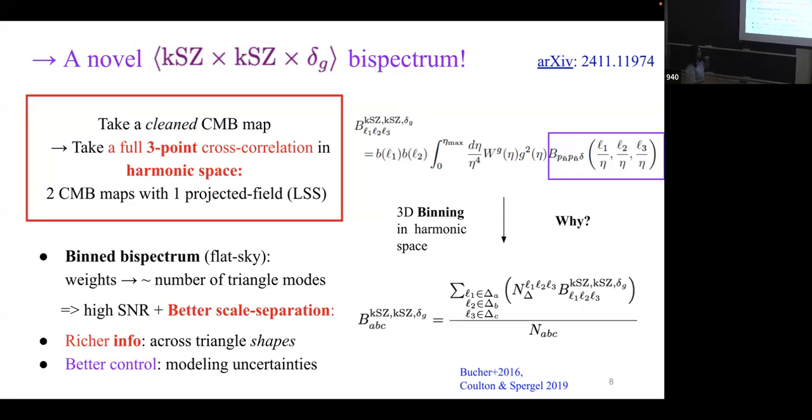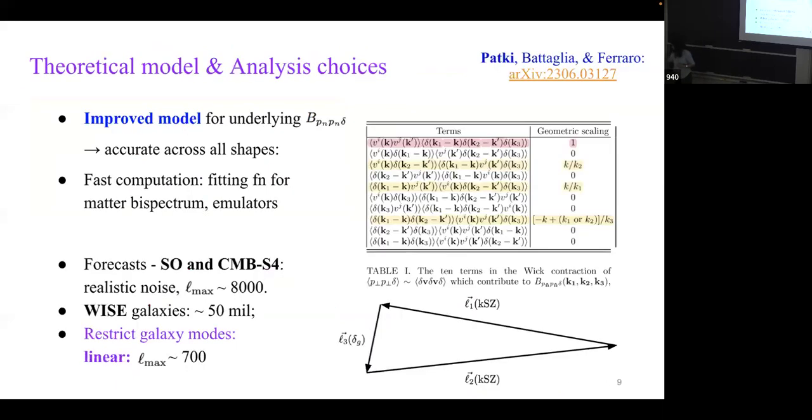As I mentioned, you retrieve richer information across different triangle shapes, even though the underlying statistic remains the same. It's the bispectrum between 2 electron momenta and 1 density field. This scale separation also gives you better control over some modeling uncertainties, and I'll get to that in a minute.